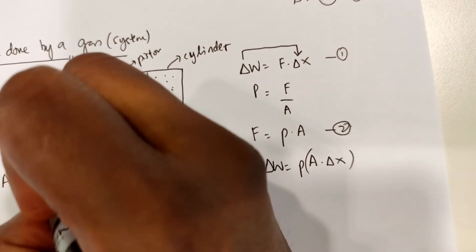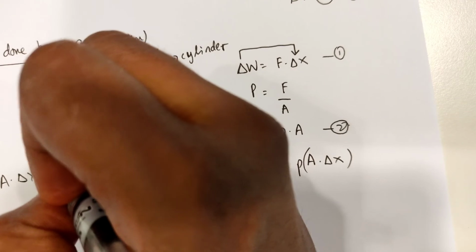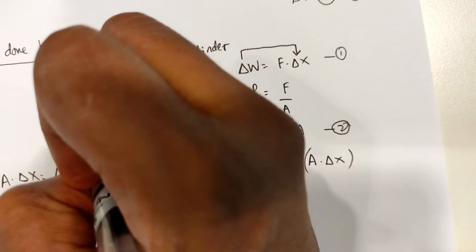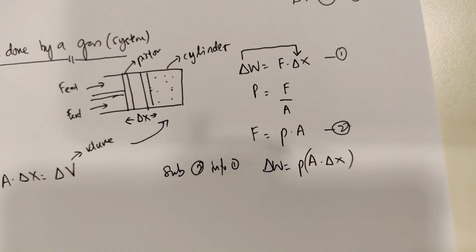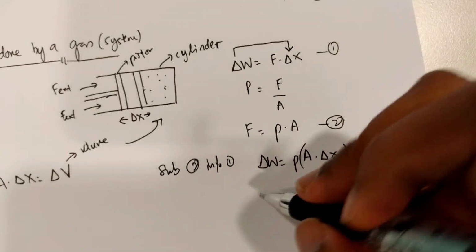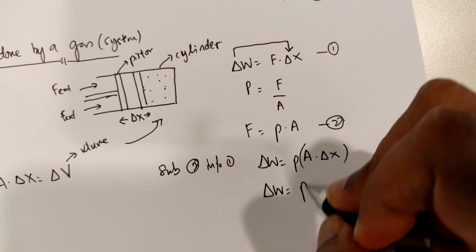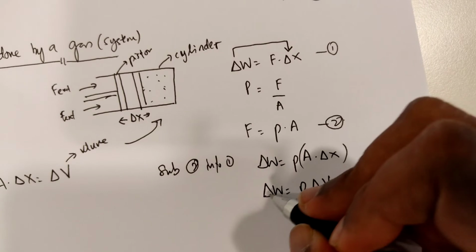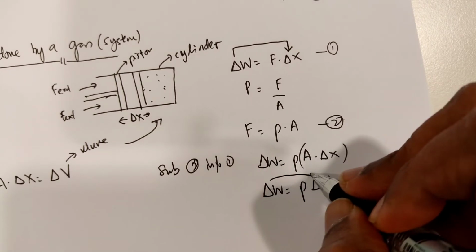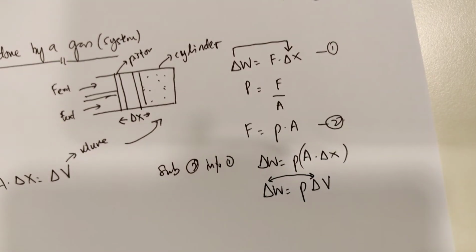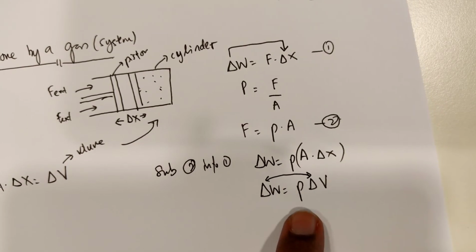A times delta x gives you the change in the volume of the cylinder. Therefore I can write it as P delta V, which follows the change in volume.